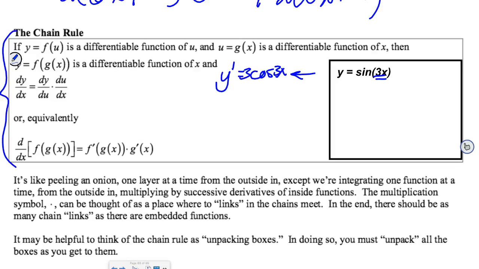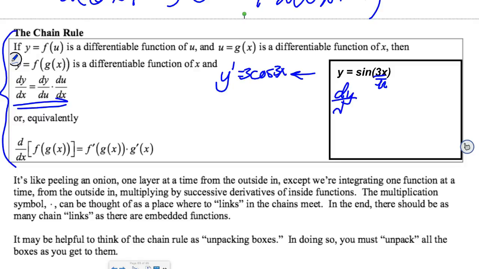However, the notation for it is going to eventually be really important, so I'm going to give you a little dabble in it right now. This is saying that if you were to call this u, like the innermost function, to get the derivative with respect to x, you're going to consider it as, again, a chain reaction.